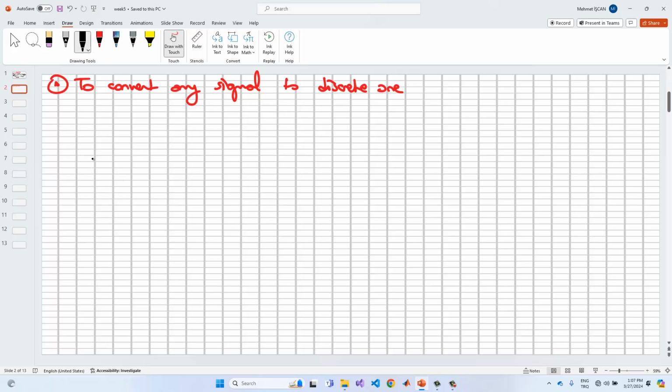Firstly, we can draw the continuous signal, just like this one, x and t, okay? And so x is variable or changeable in this case, and t is also variable in here.